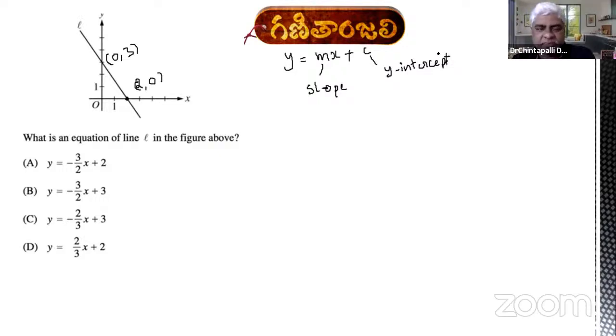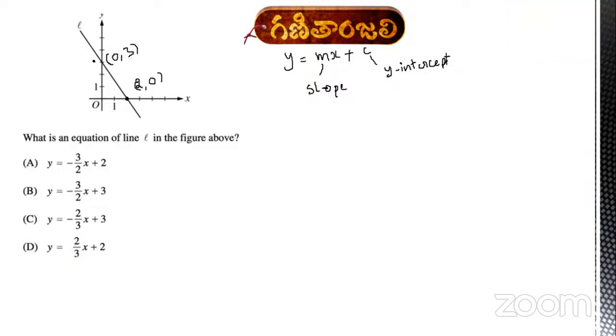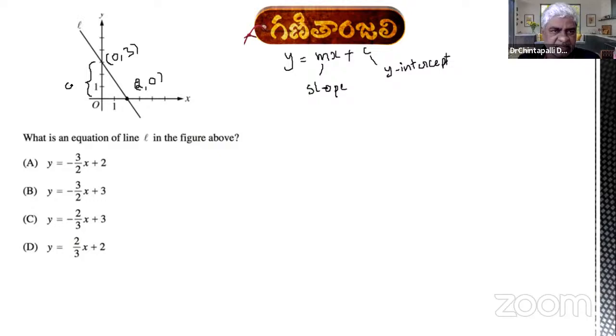I think it is option B. What is the y-intercept? This is called the y-intercept. 3 is the y-intercept, so c is 3.